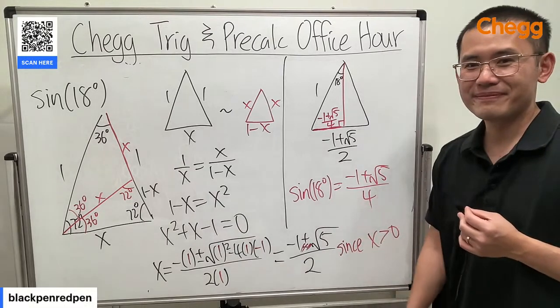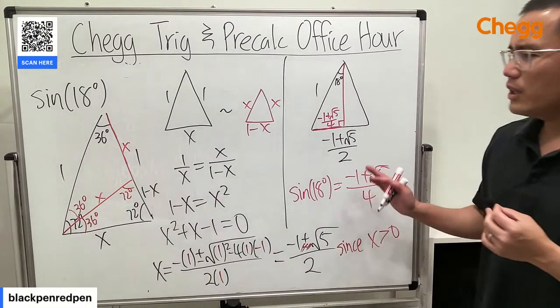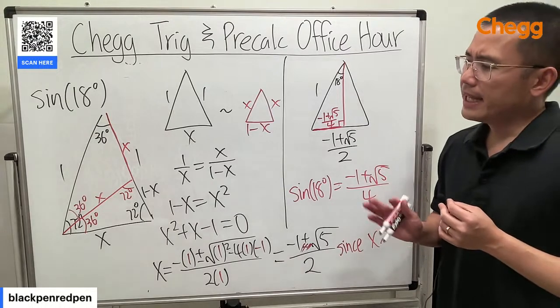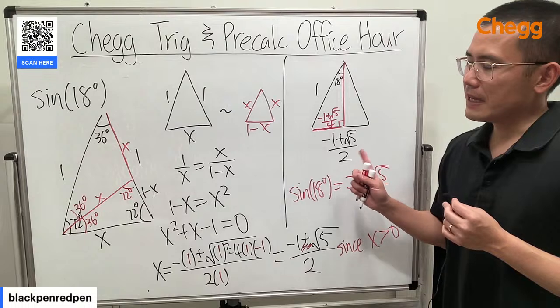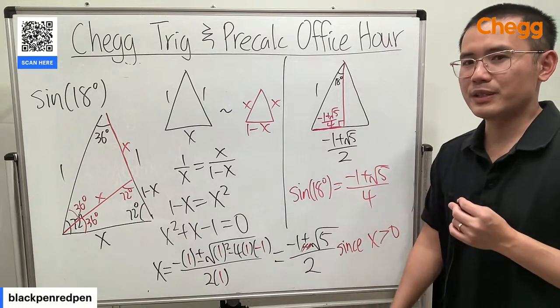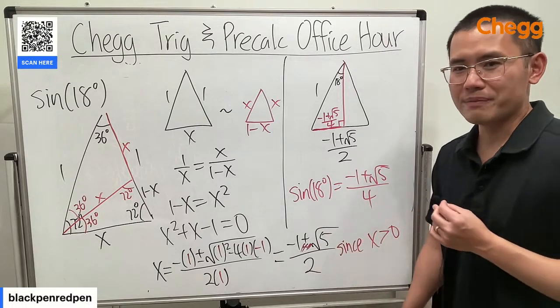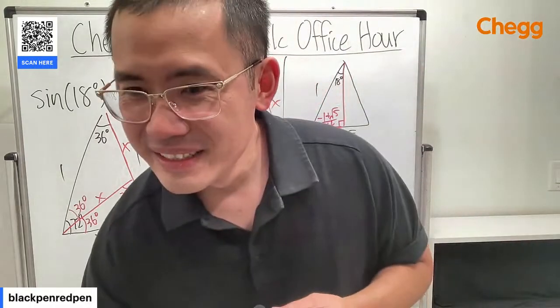Just like that. And you can also use this to think about how you can do the sine of 36 degrees. Or you can also do the formula way, all right? So that's that.